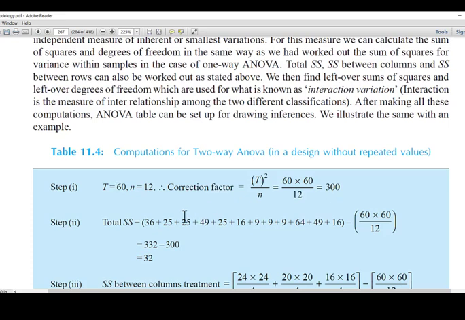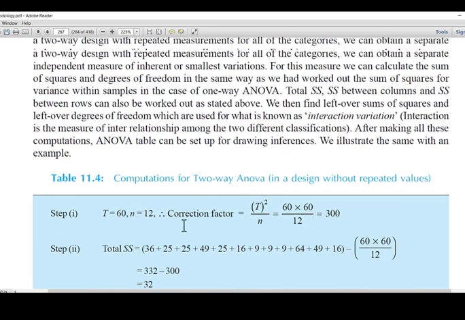Now total SS. Total SS is calculated like this. That equation is already given. This 36, 25, 25 means this.